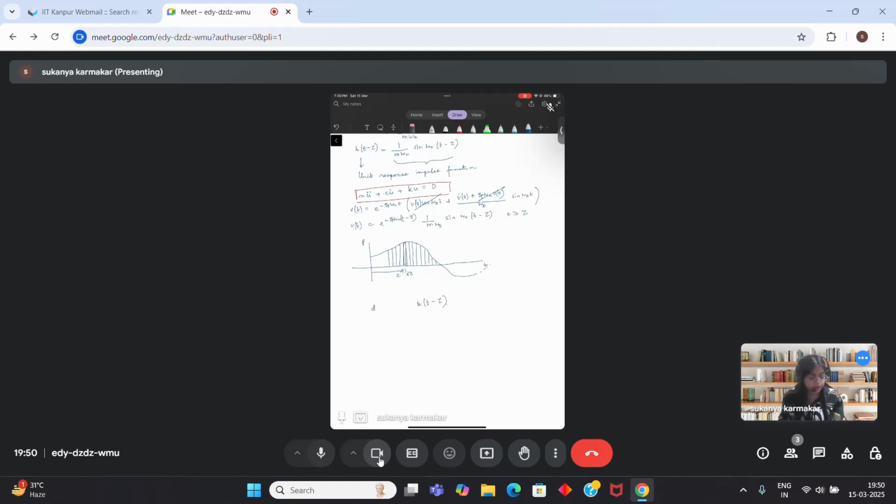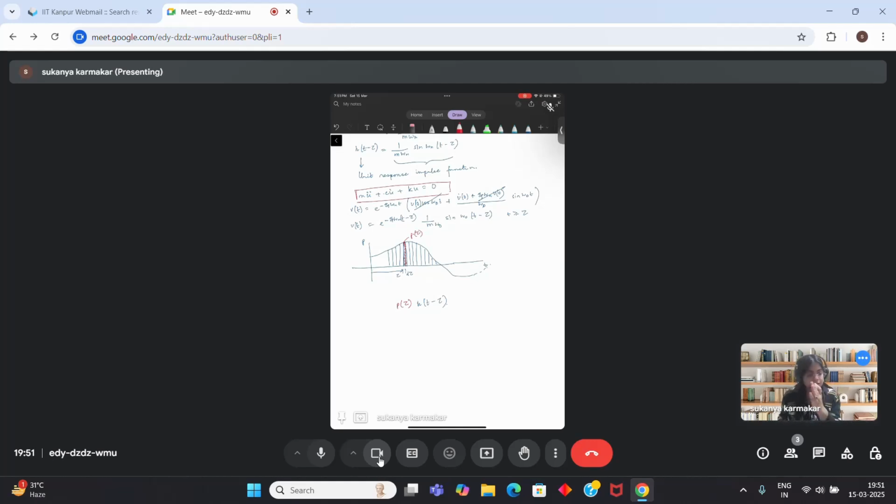Suppose instead of a unit impulse, the value of the impulse is p, the value at tau. So what will be the value of the response? It will be that function h(t minus tau) times p(tau). That will be the value for one impulse.